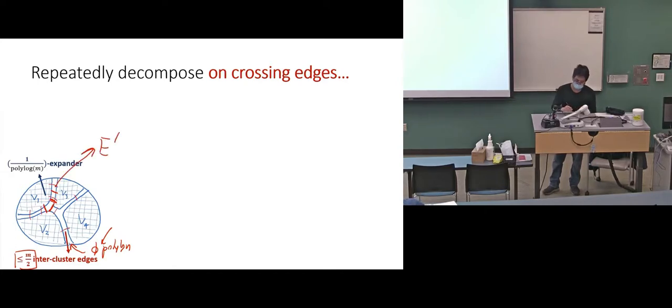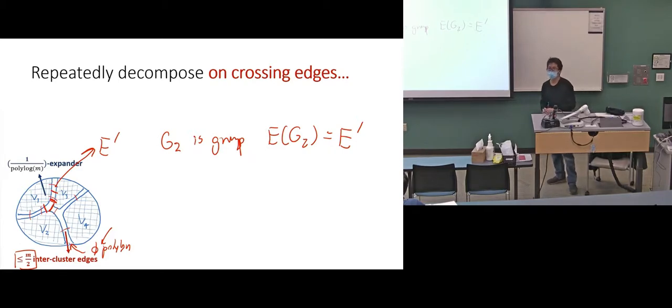G2 is just a graph such that the edges of G2 are E prime. Okay, so does it have the same vertices as G? No, only the vertex set induced by the edges of E prime.